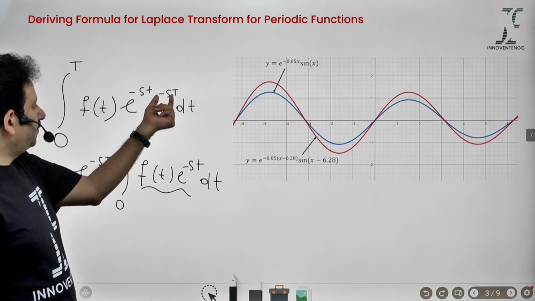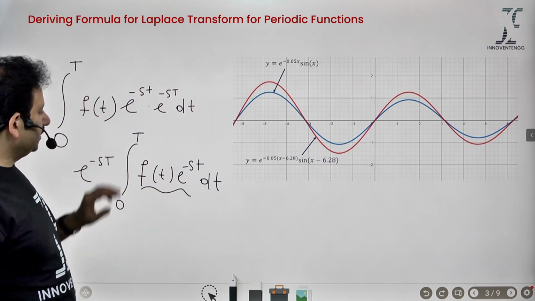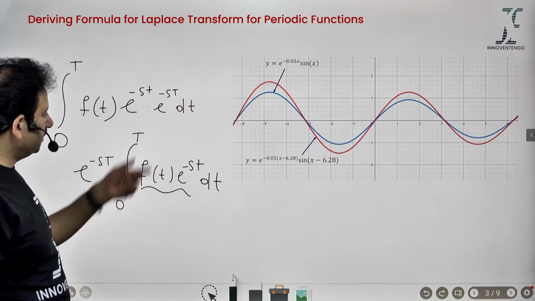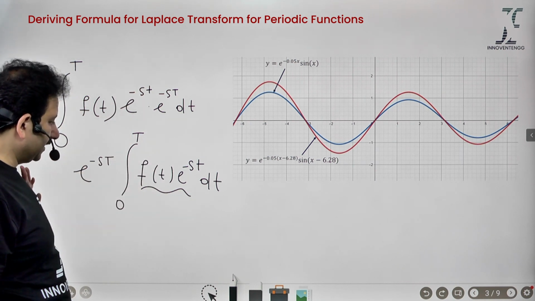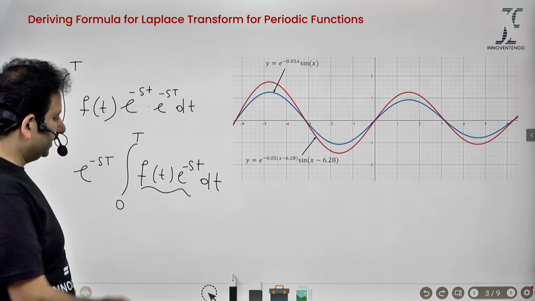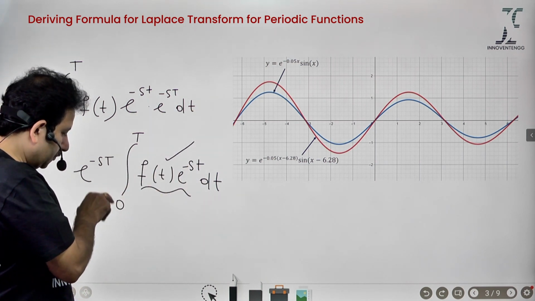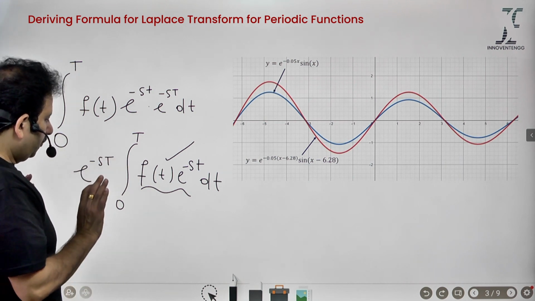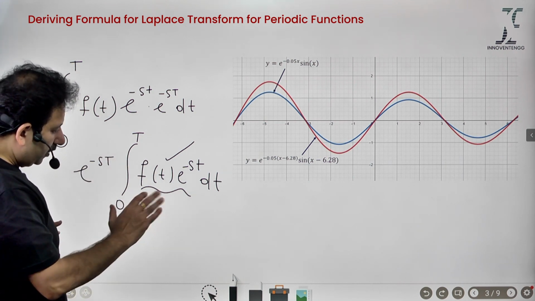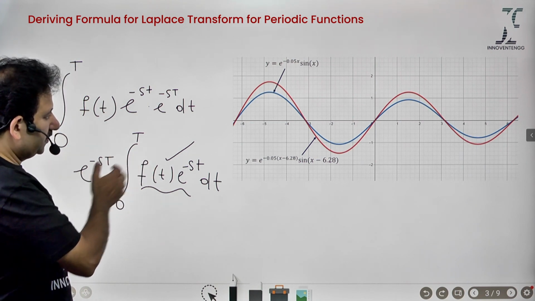So what happens, this e power minus sT is the one that you have introduced newly, because you added T to this small t, and that is taken out, and the rest of the integrand is what it was. And now the limits are, instead of T to 2T, it is 0 to T.